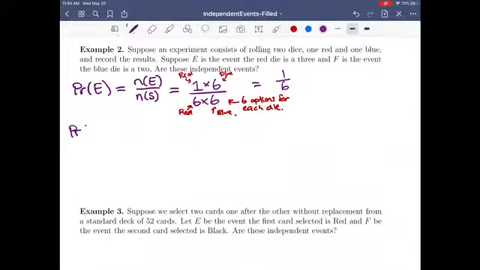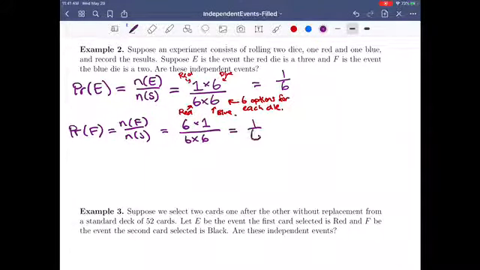Now F is going to be similar. It's the number of things in F over the number of things in S, and we already know S is 6 times 6. Now here it's going to be the opposite. The blue die is a 2, so there's 1 option for the blue die, 6 options for the red die. Again, I get 1 out of 6.